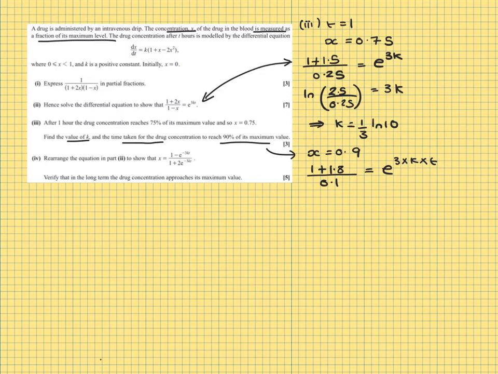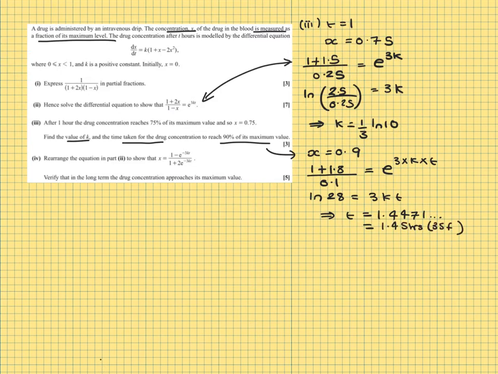So this gives us ln of 28 equals 3kt. Divide both sides by the value of 3k, and this gives us t. T equals 1.4471... which is equal to 1.45 hours to 3 significant figures.